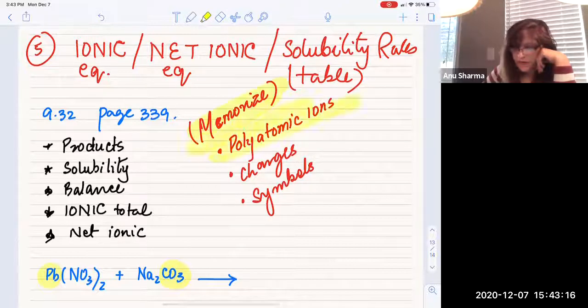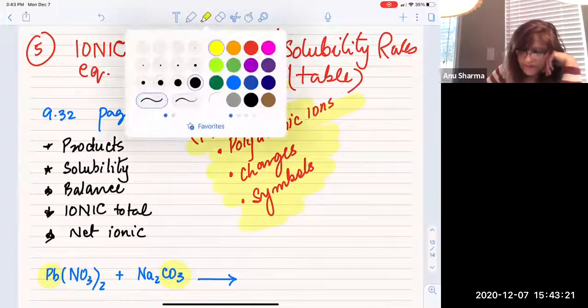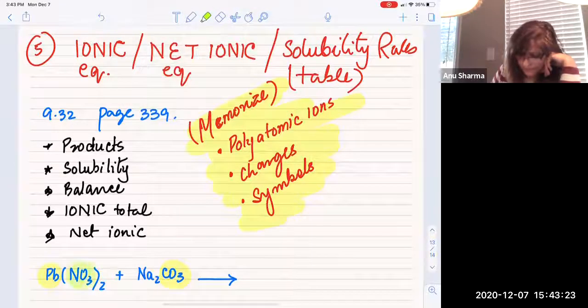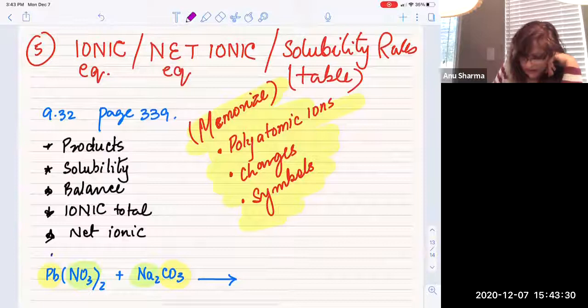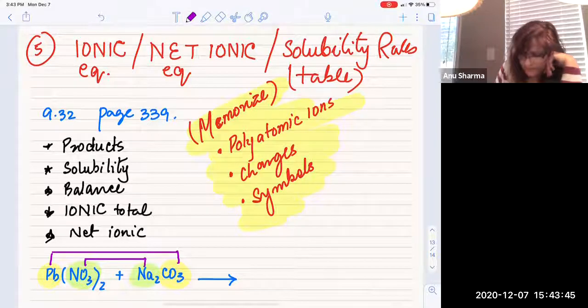So lead would be 2+, carbonate 2-, and nitrate is 1-. So here you have the lead with 2+ charge and the carbonate: outer, inner, inner. Remember? And then here you have the nitrate. So lead carbonate would be insoluble.